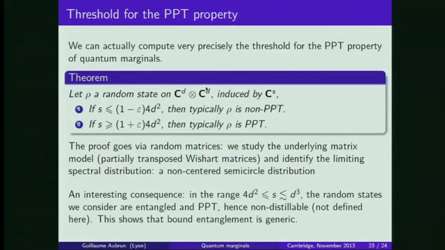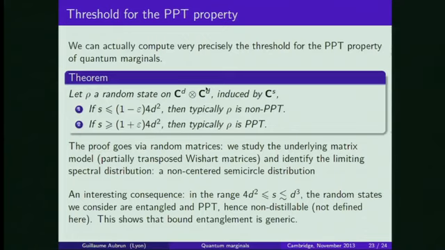And the proof goes via random matrices. You have to compute the spectrum of the Wishart matrices, which I defined before, on which you apply this partial transposition. So you can identify the distribution, which will be a non-centered semicircle distribution, and you obtain these values of the threshold.